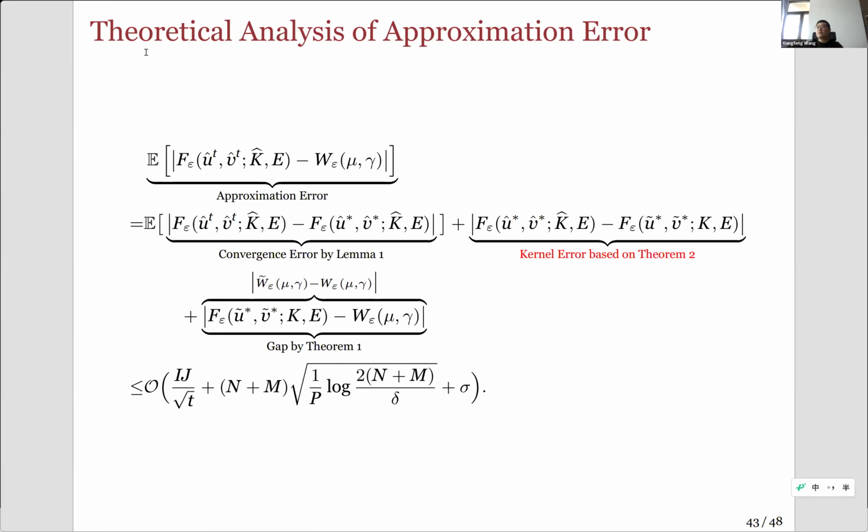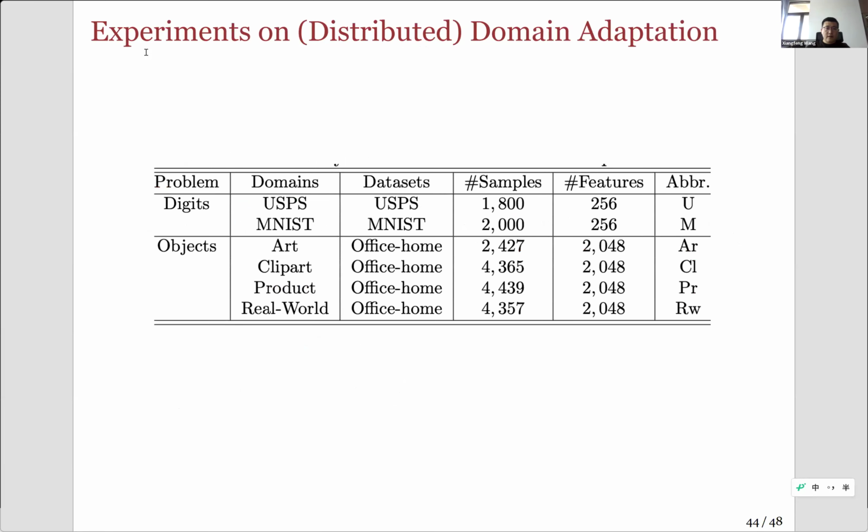And then the protocol mismatch error, due to the communication constraint E differing from the ideal case, which also depends on sigma. And the overall error bound combines these factors, showing how the approximation quality depends on the number of iterations, samples, projections, and also the communication network.